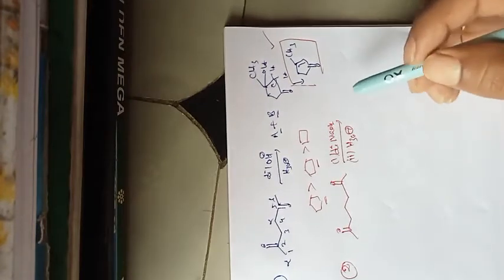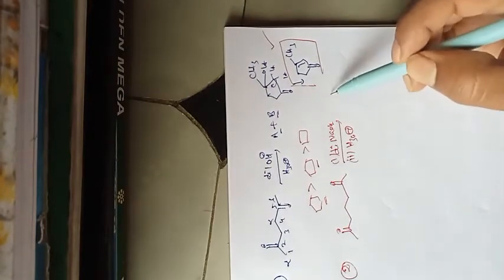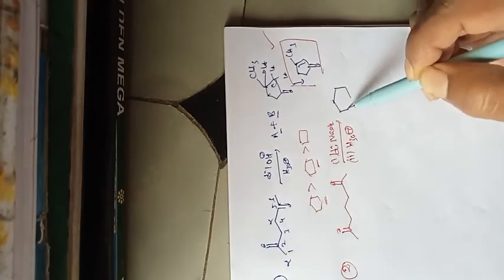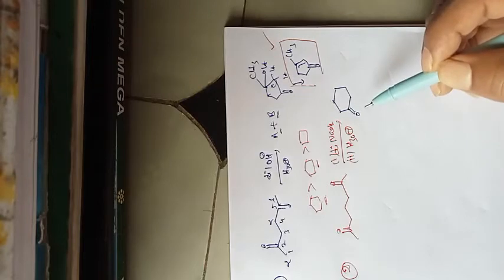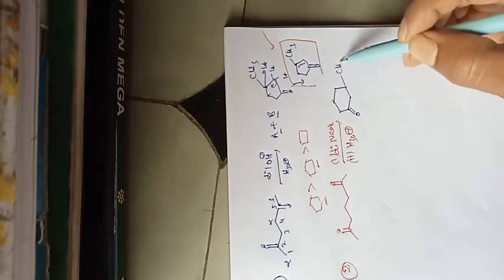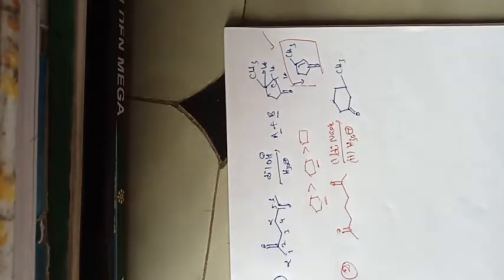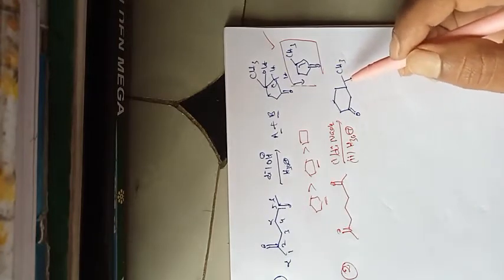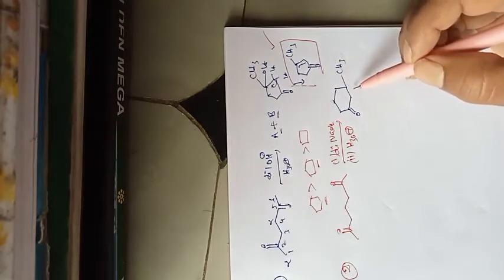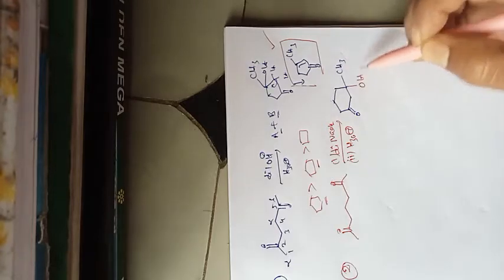Now the answer is a 6-membered ring. Here you can see that this is the carbonyl carbon and this is the CH3, and here CH3 and OH will be there.